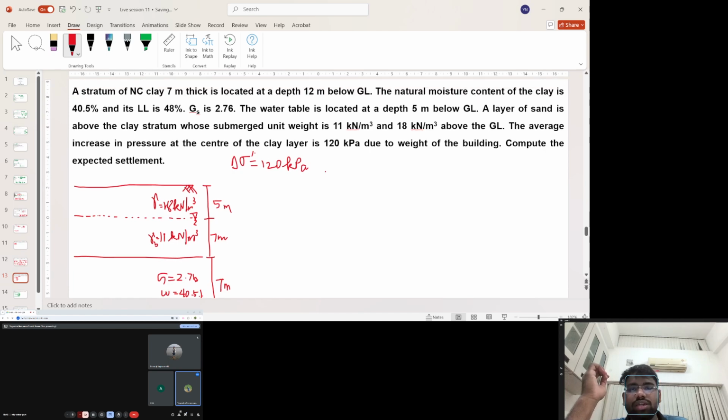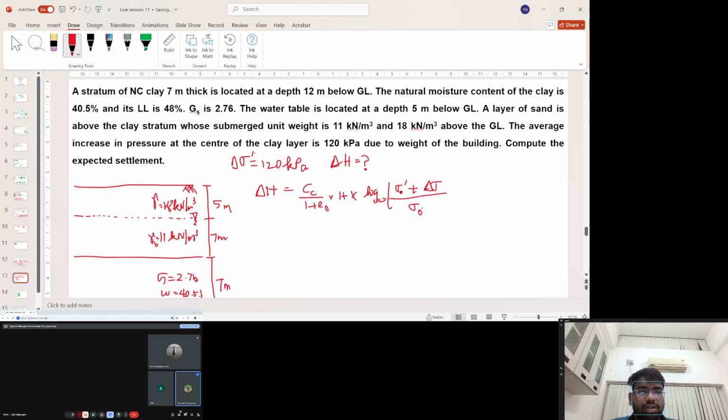Now what we need is delta H. What is the relation for delta H? Delta H is equal to Cc by 1 plus e naught into H into log 10 of sigma naught dash plus delta sigma divided by sigma naught dash.